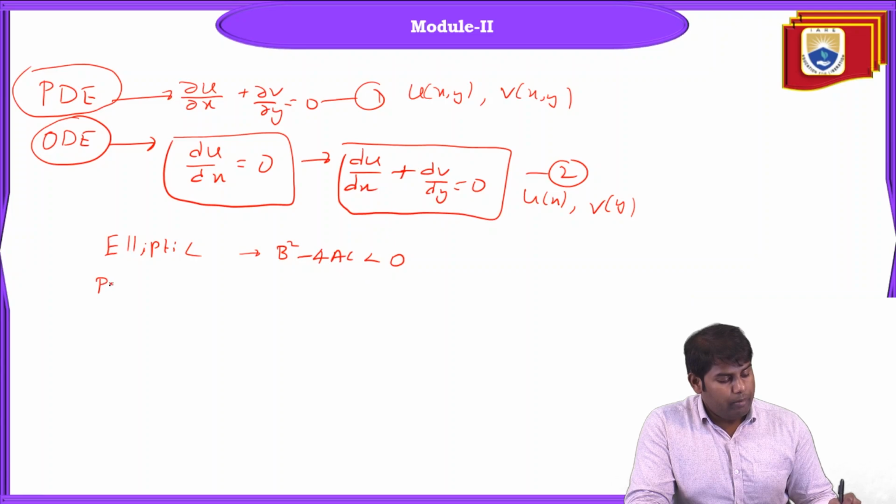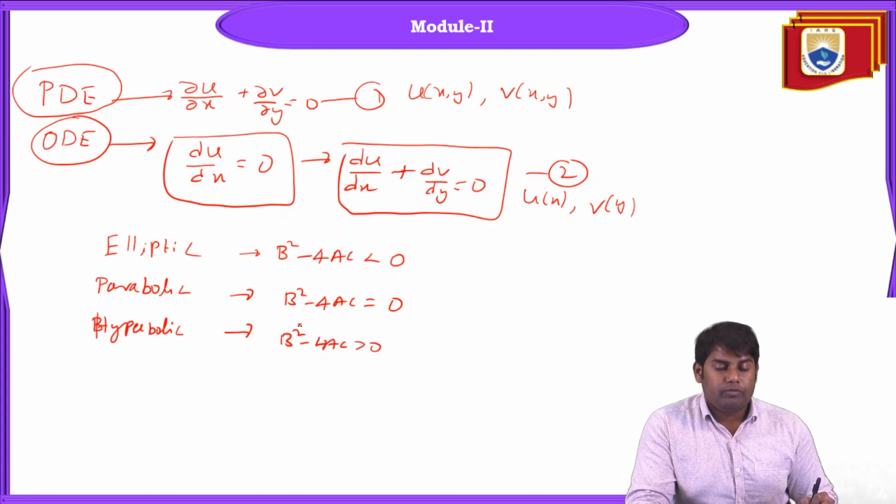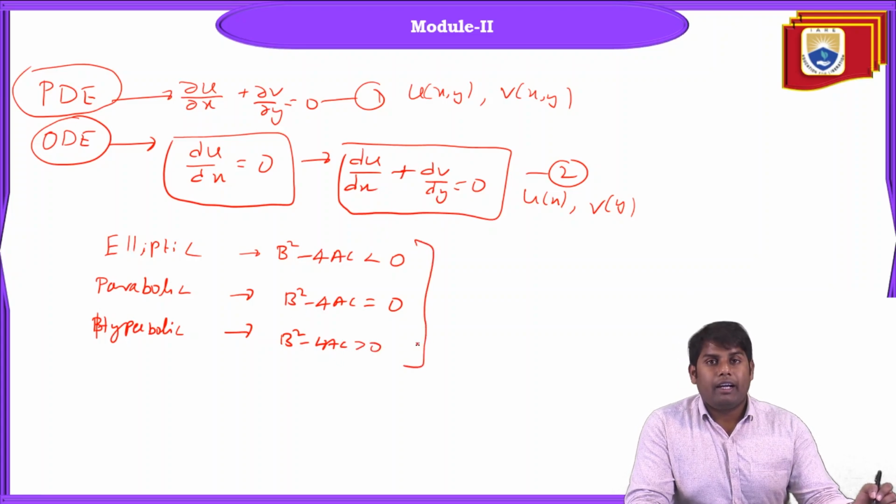Next, parabolic, where b square minus 4ac is equal to 0. Next, hyperbolic, where b square minus 4ac is greater than 0. So these three are classified.